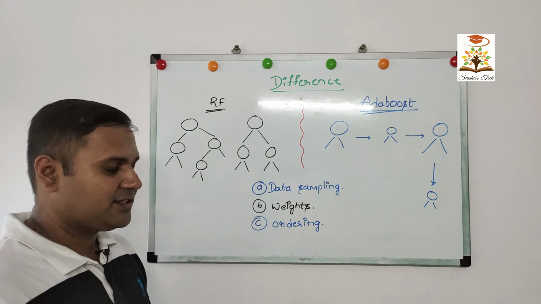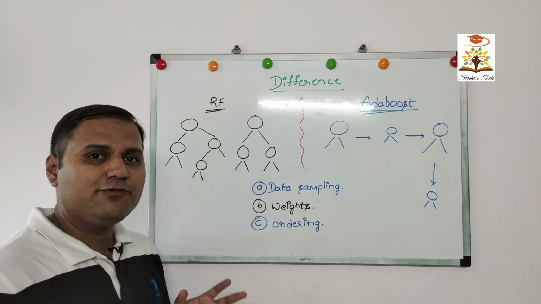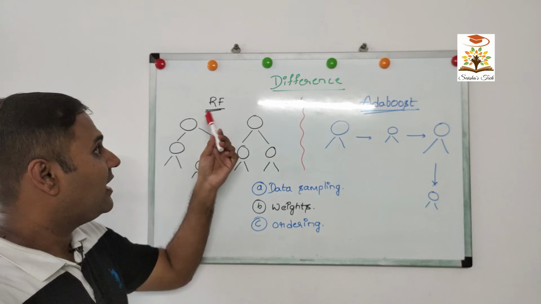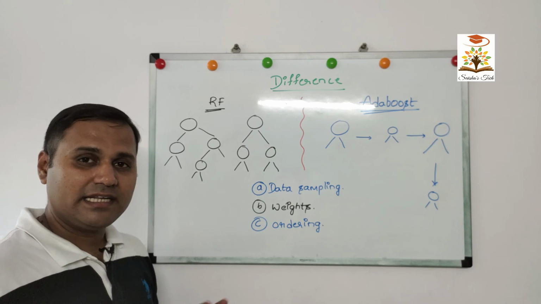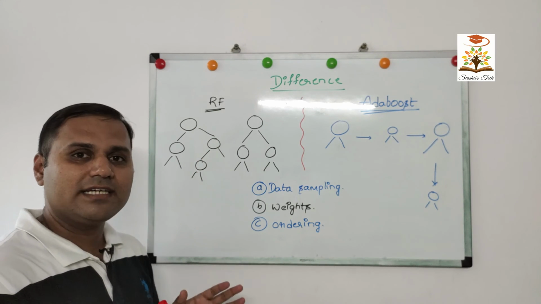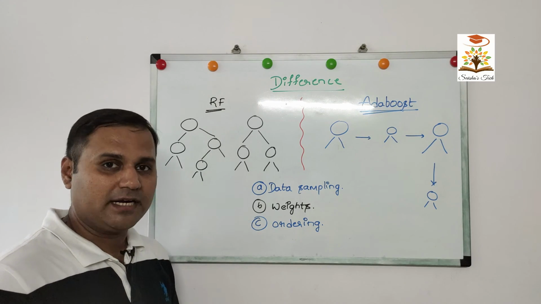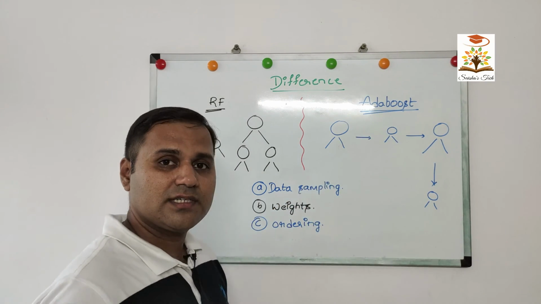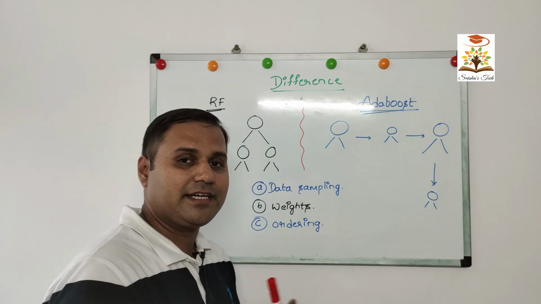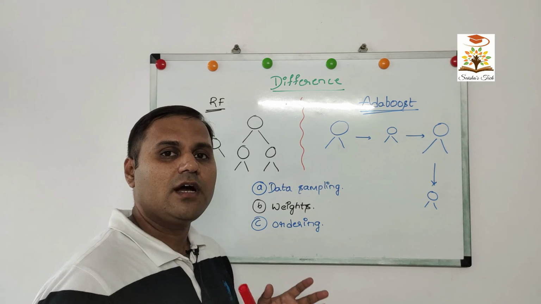In weights, you do not have any weights for different trees in random forest model. That is, it is independent of the trees. All the trees are equally weighted as an output. But in AdaBoost, each tree has a specific weight assigned to it for the accumulation of the output.